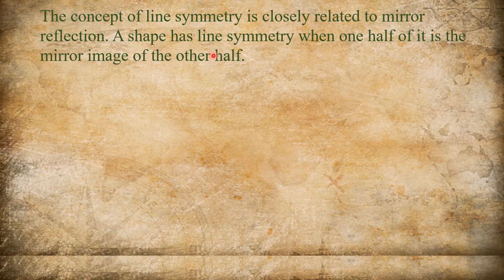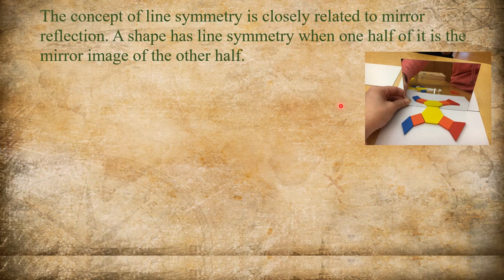So a shape has line symmetry when one half of it is the mirror image of the other half. Mirror image we can also understand by the line of symmetry, as if we place an object in front of the mirror, we get the same image inside the mirror.